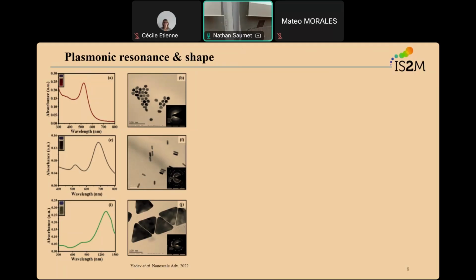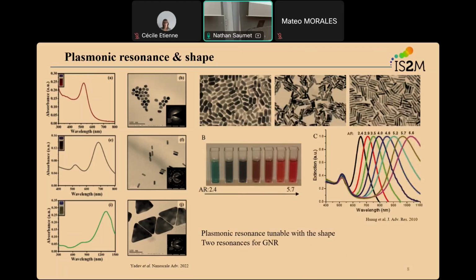One here, around 532, which is due to their transverse plasmonic modes, and one here, which is also tunable, and I will speak about this later, which is due to the longitudinal resonance. And if we synthesize triangles, it will present another resonance as well. So let's get back to the rods.